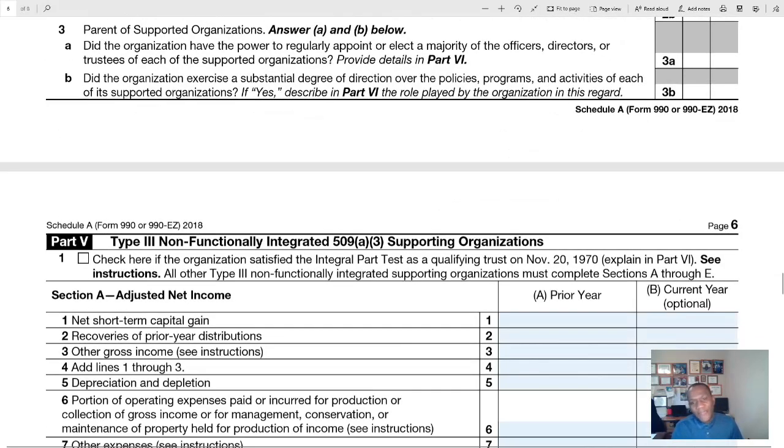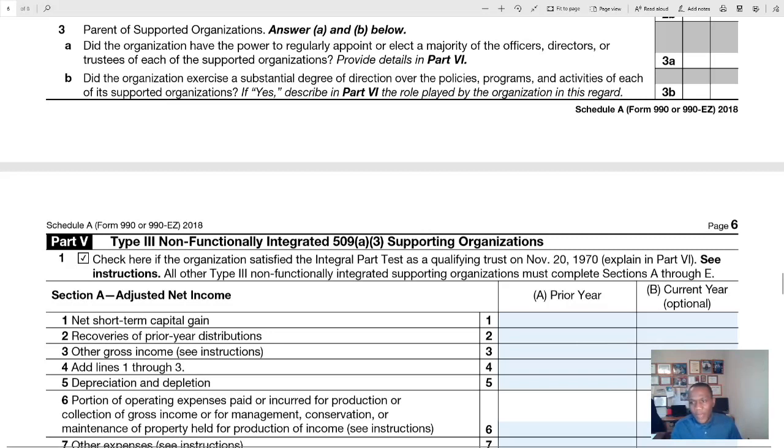Then Part 5: if your organization is a Type III non-functionally integrated 509(a)(3) supporting organization, you will check here if the organization satisfied the integral part test as a qualified trust on November 20, 1970.